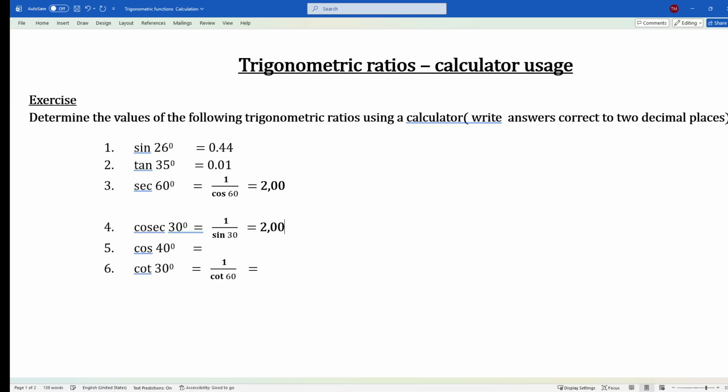So we would write it to two decimal places, which is 2,00.